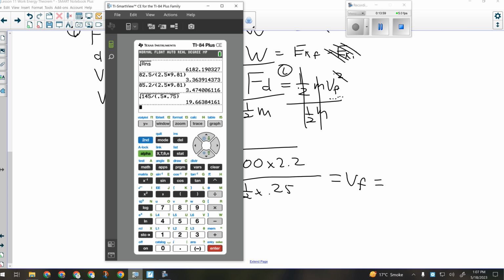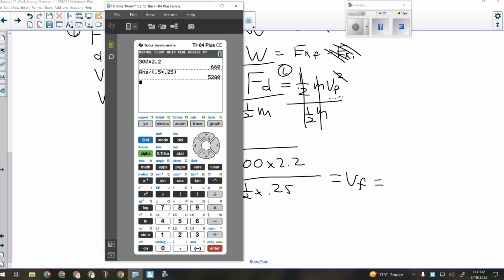So 300 times 2.2 is 660. Then I'm going to divide that by half of 0.25, so 0.5 times 0.25.